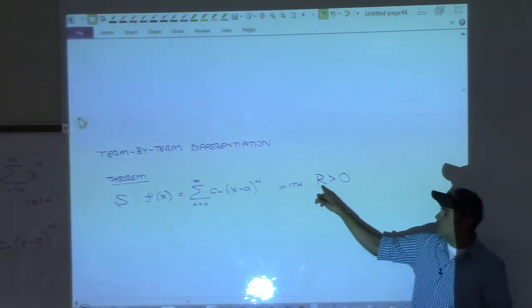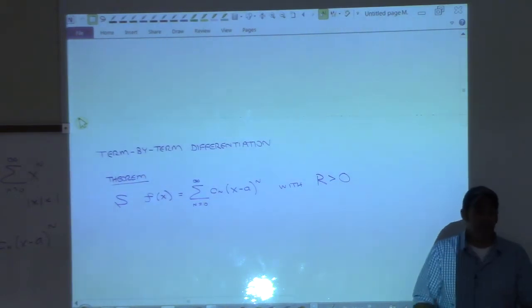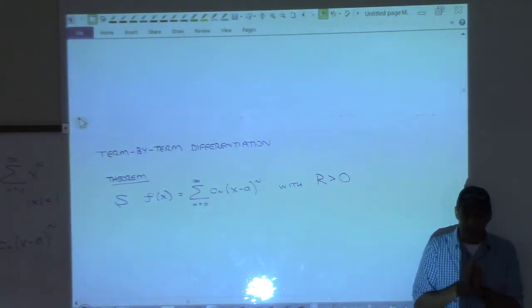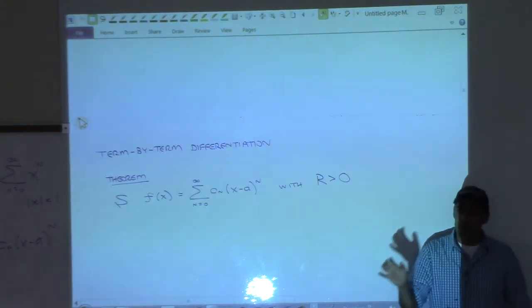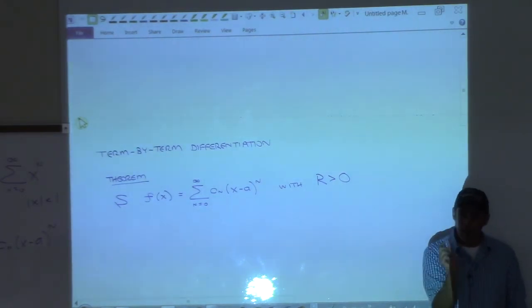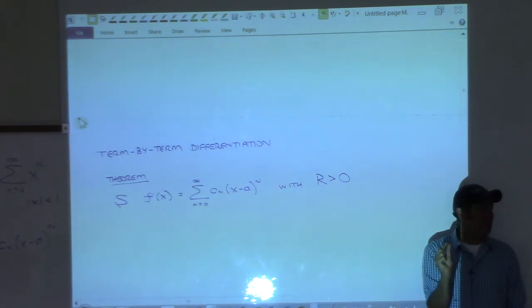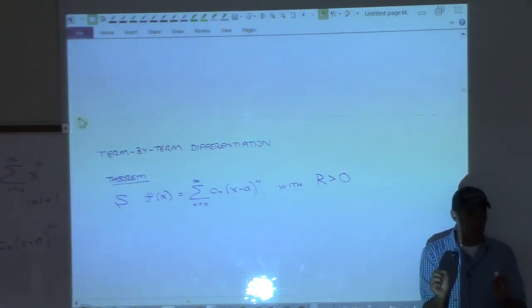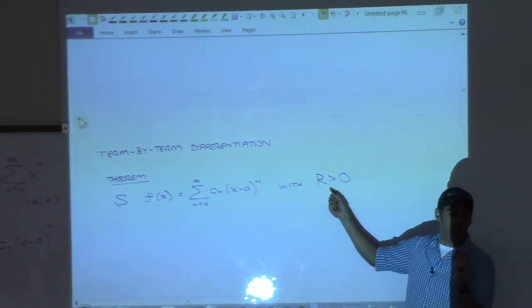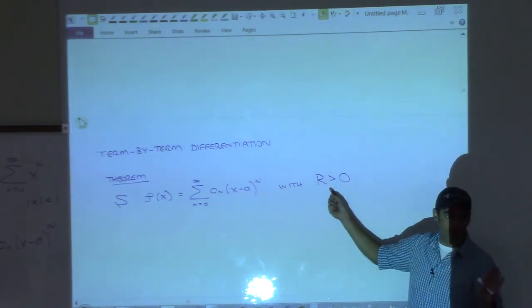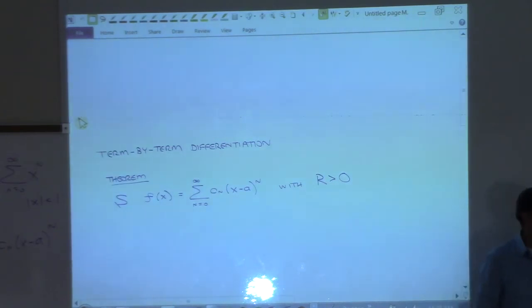If we say that the radius of convergence is greater than 0, that means that you're either looking at an interval or you're looking at the entire number line. If you have convergence at a single point, how wide is a single point? It's not. There is no width. So the radius of convergence of a power series that converges at a single point is 0. So this is saying we are not looking at the case where we have convergence at a single point. It's interval or everywhere. So let's just say we have a function that behaves that way, okay? Suppose that's true.